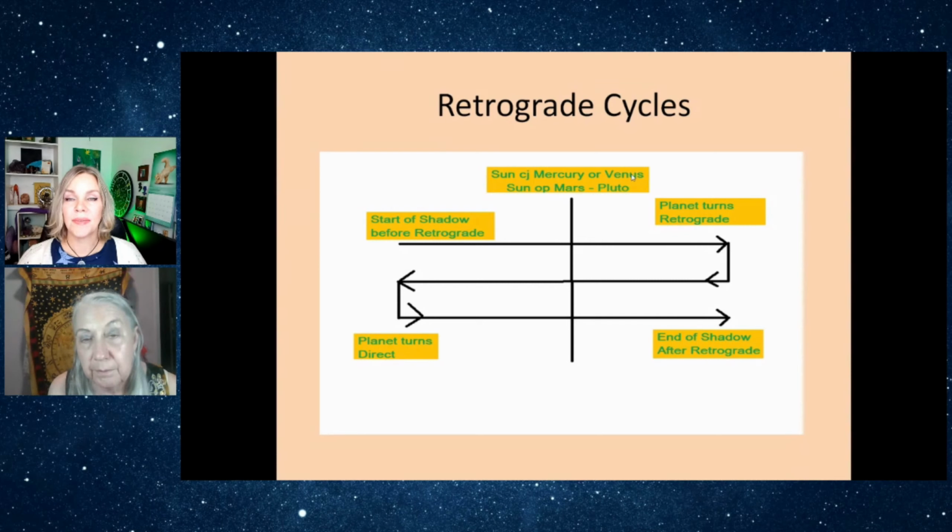The planets Mars through Pluto, their retrograde period has them opposite the sun. And we're going to do another video on retrogrades where we'll talk about the retrograde pattern in some more detail.